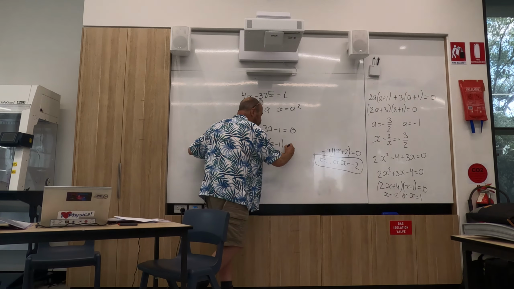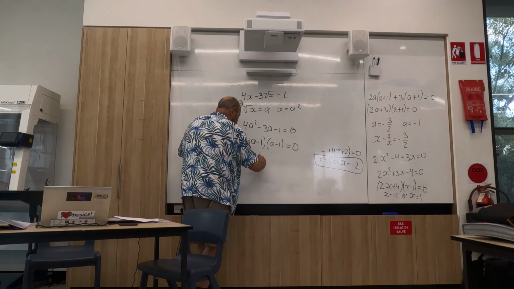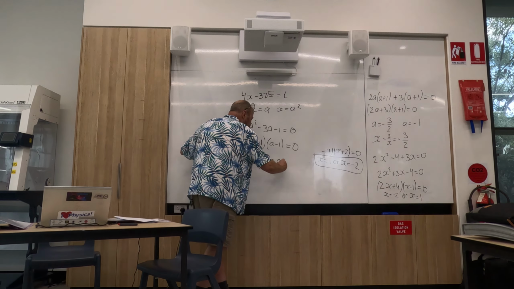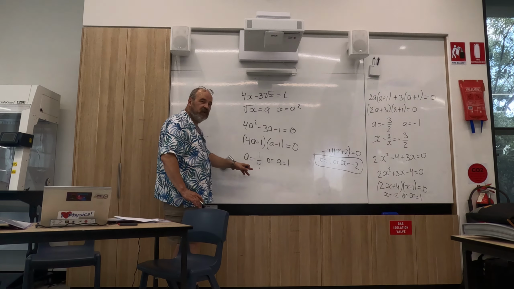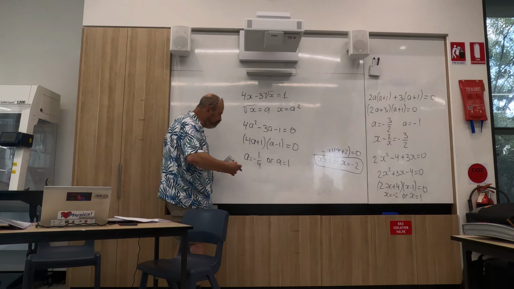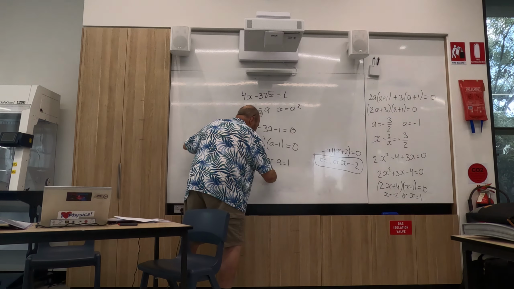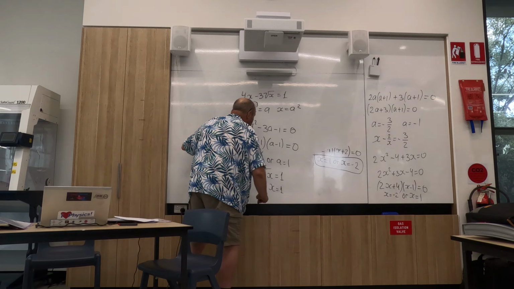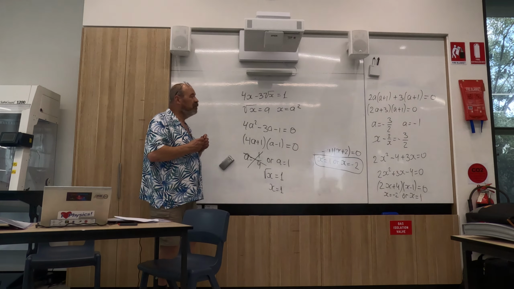Yes, well done, that's correct. So we have a equals negative 1/4, or a equals 1. What do we have to do with negative 1/4? We reject it. So we have root x equals 1, so x equals 1. The solution is x equals 1.